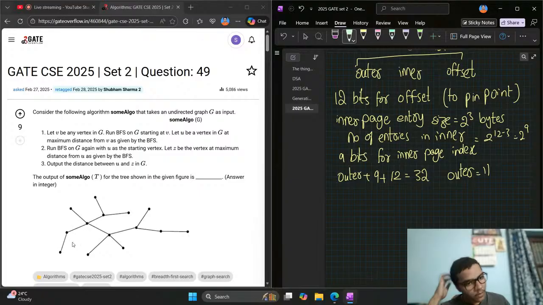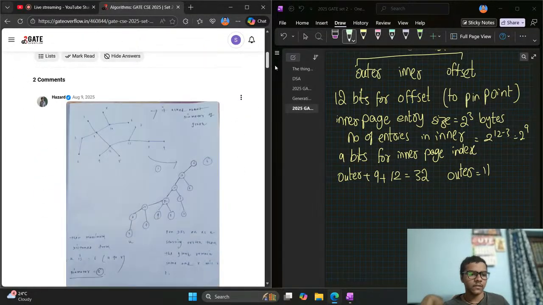Maximum distance for this U is 1, 2, 3, 4, 5, 6. Do we have anything greater than 6? 1, 2, 3, 4, 5, 6. I think it is 6.